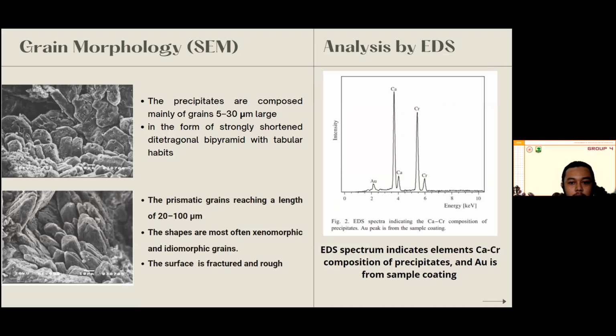Grains occur sporadically. The surface of the grain is fractured and rough. The salt elements found include calcium and chromium. And we can see on the right the result of the analysis by EDS. It indicates the calcium and chromium composition of the precipitates, and gold is from the sample coating.